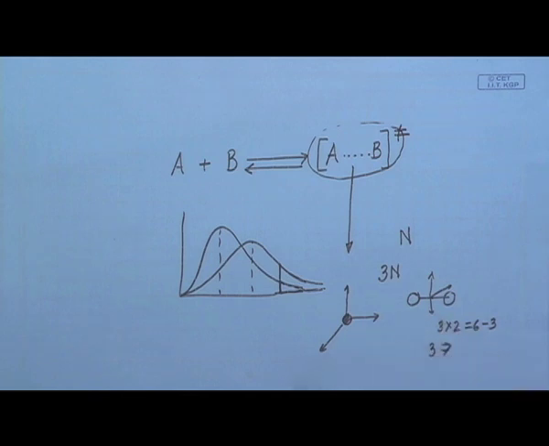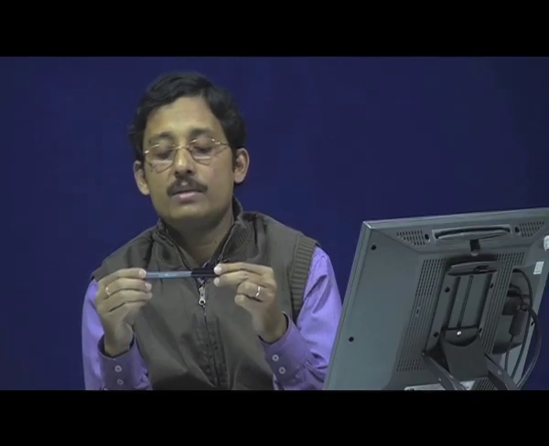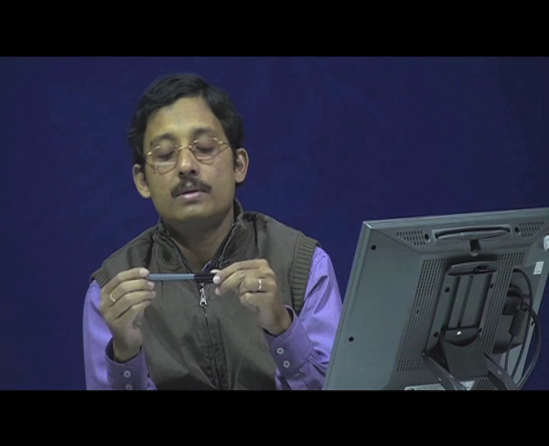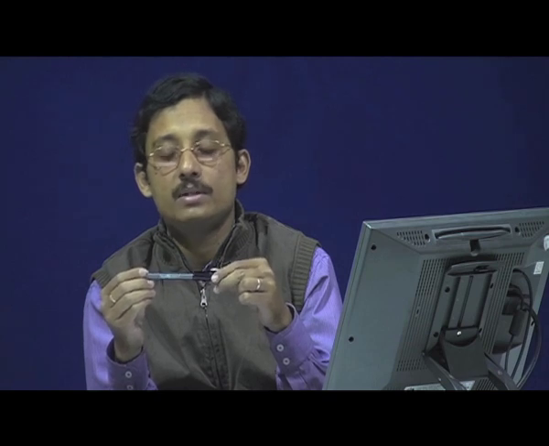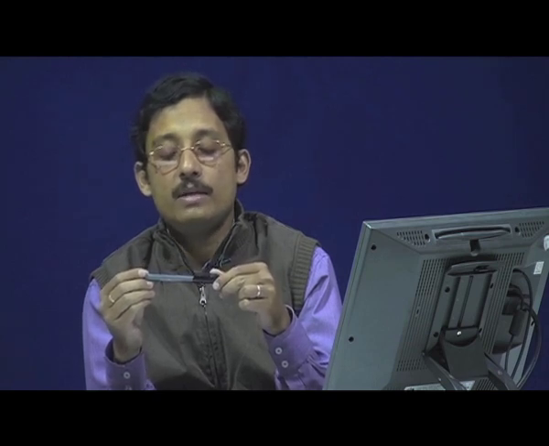So, if you think of this as a diatomic molecule, and you think of rotation about its axis, it does not give you a new configuration, a new way of representation. That means rotation about the internuclear axis is trivial, so it does not contribute to the overall degrees of freedom.